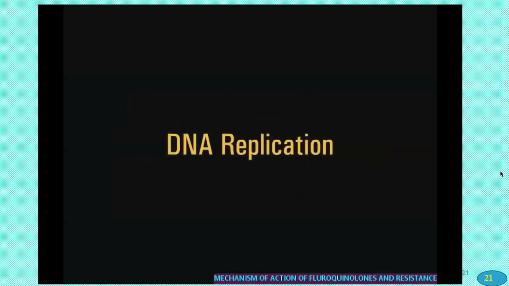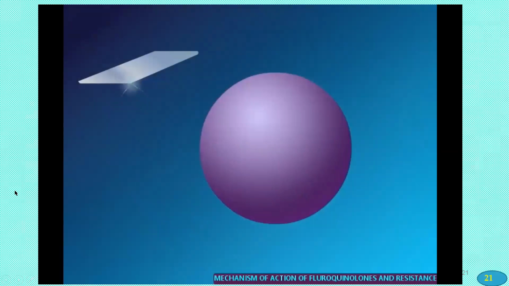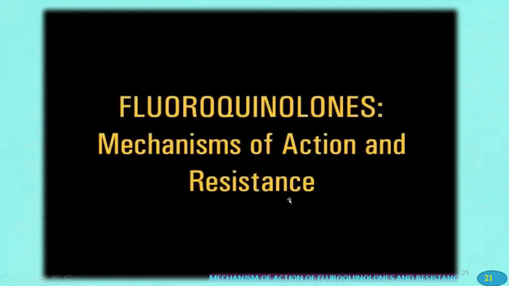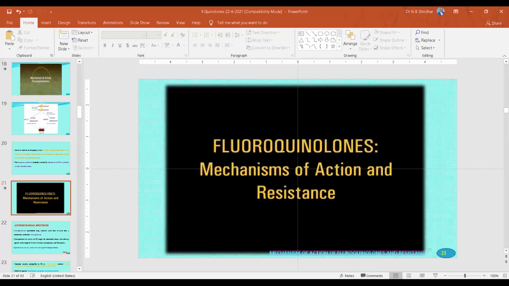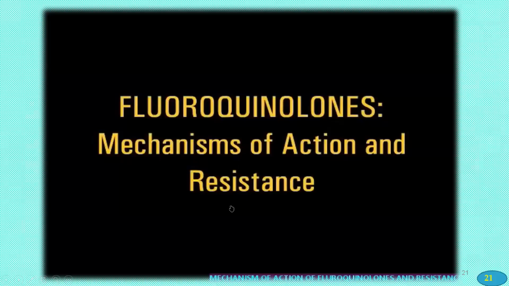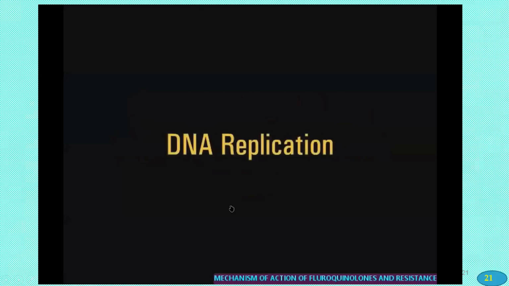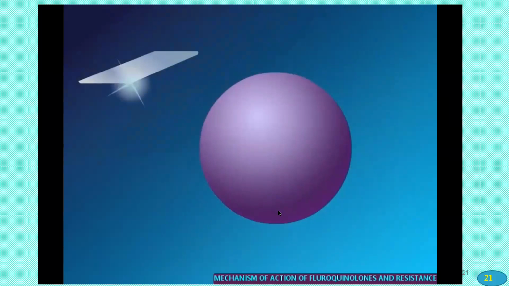So DNA replication is a very essential step, especially in case of bacteria, like the bacterial cell wall or other synthesis, and hence DNA synthesis is one of the important steps.